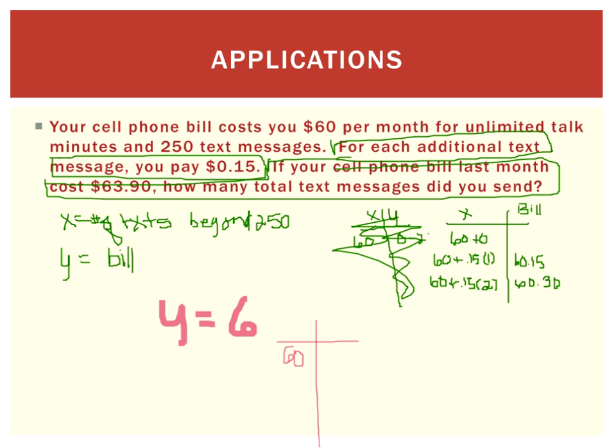So on the left side, under X, what we're going to get is how many times it takes to get to the 3.90? Yes, exactly. So we have $3.90 over. We want to see how long it's going to take us to get to $63.90.